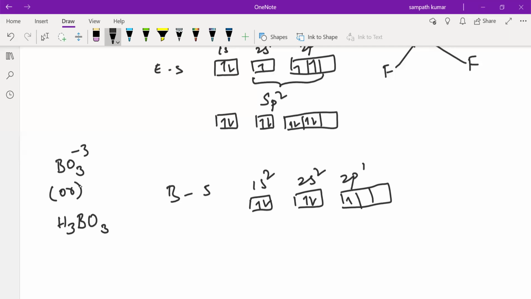How many bonds are forming in this molecule? Only one bond is forming in the ground state of boron. One electron from the 2s orbital is excited into a 2p orbital, and we get the excited state 1s2 2s1 2p2.